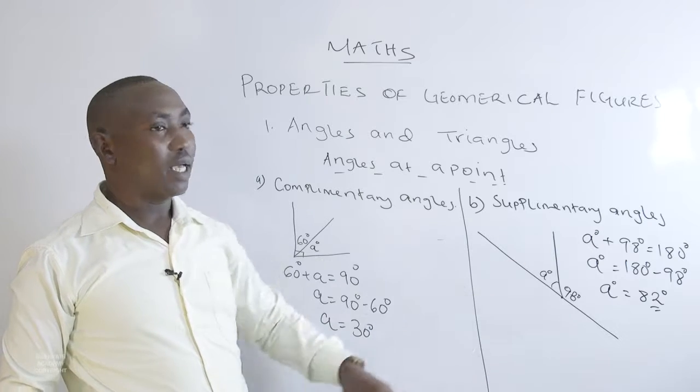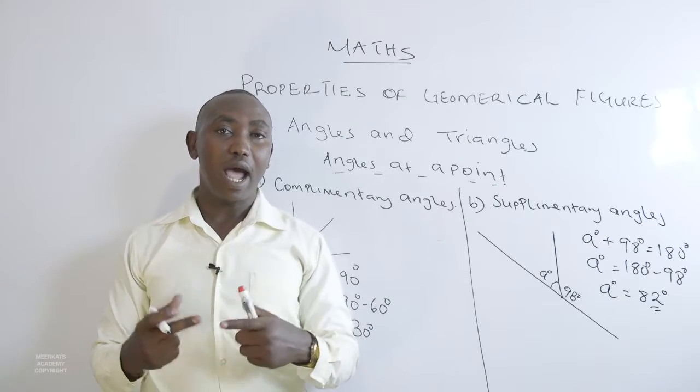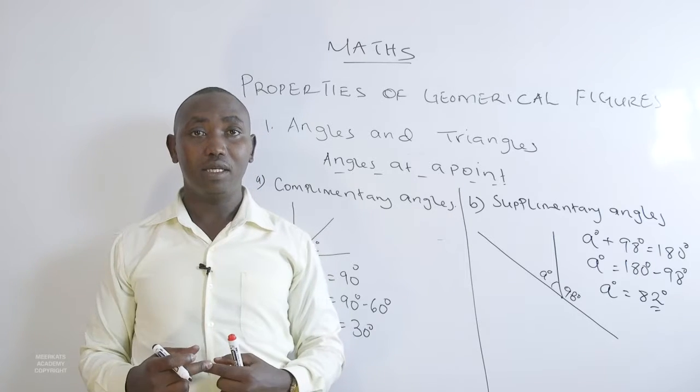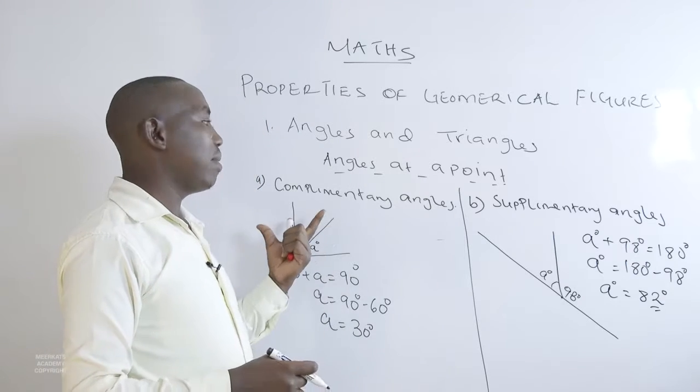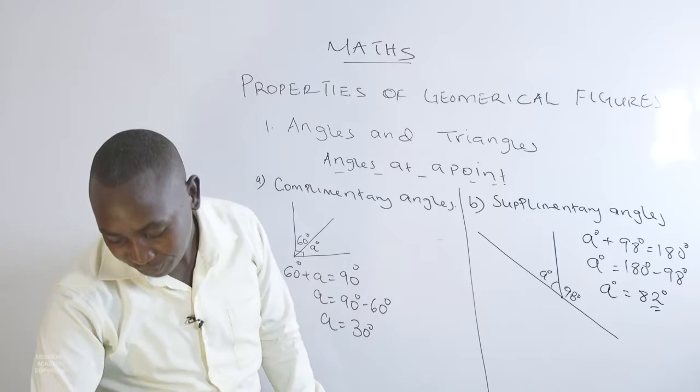So this is the case for supplementary angles. Supplementary angles add up to 180 degrees, and complementary angles add up to 90 degrees.